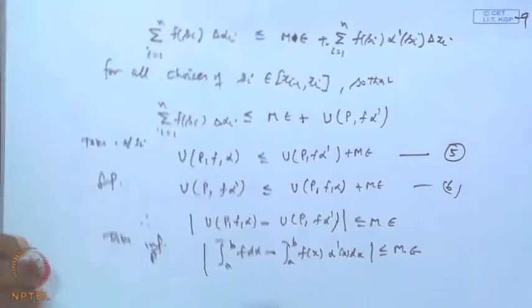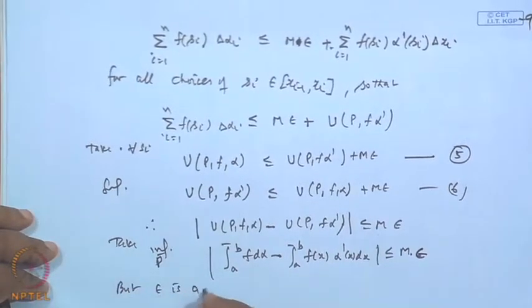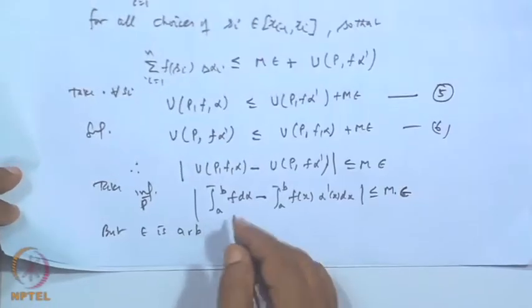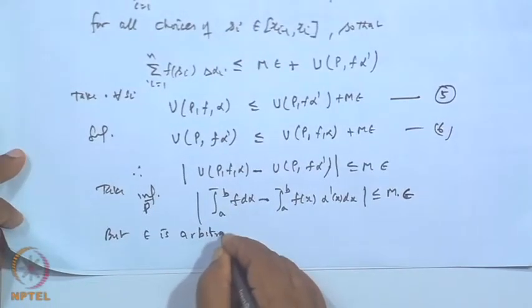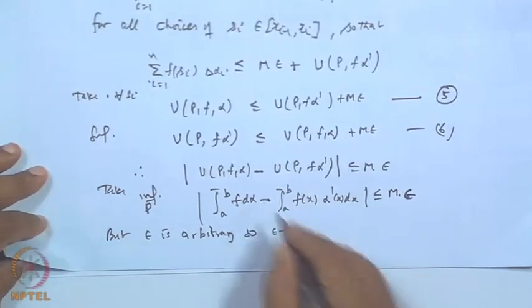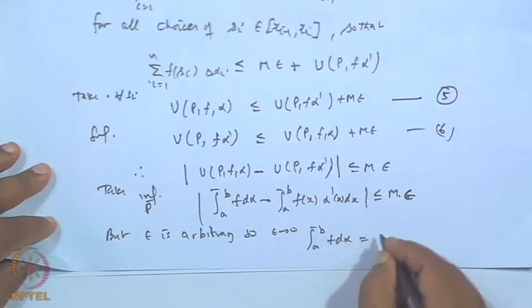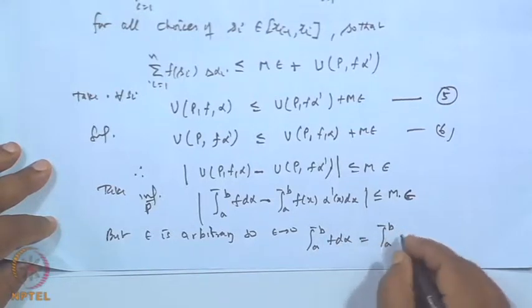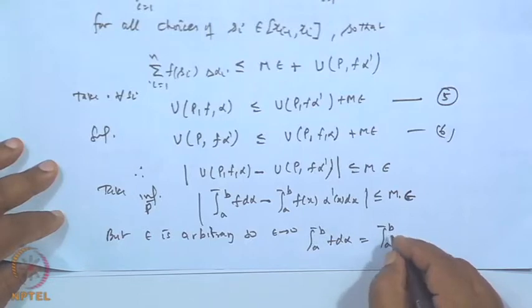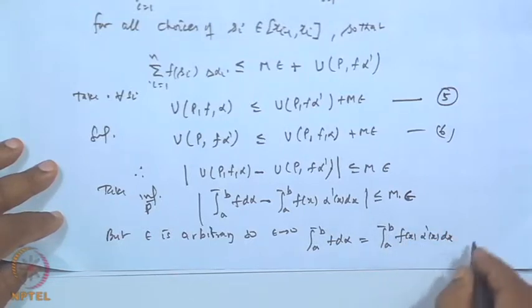But epsilon is an arbitrary small number. So, as epsilon goes to 0, we get the upper integral from a to b of f d alpha is nothing but the upper integral from a to b of f(x) alpha dash(x) dx. Okay. Let us see.